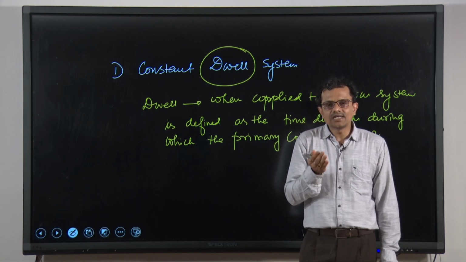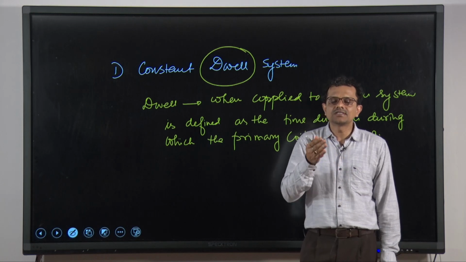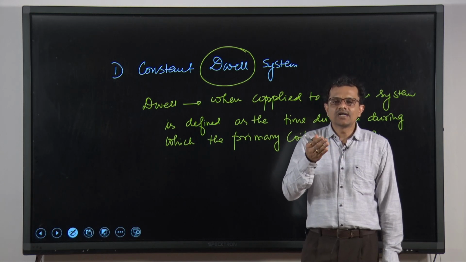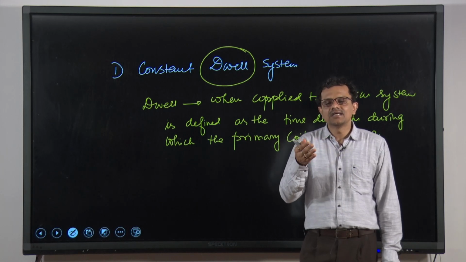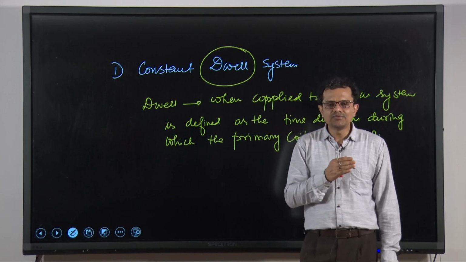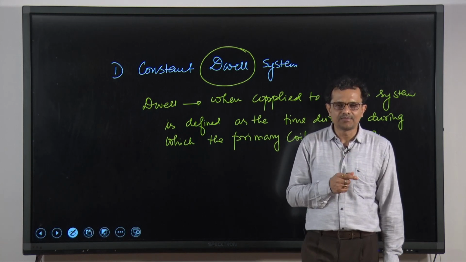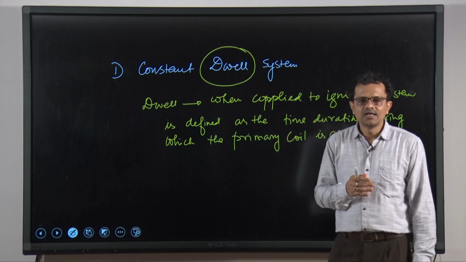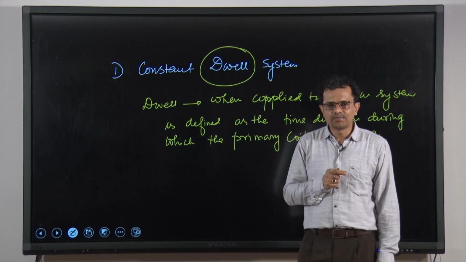But that is not the scenario in the battery ignition coil, because the breaker cam is connected to the shaft of the engine. So, if the engine speed changes, the closing and opening time will change, which in turn will change the building up time or charging time, and then it will disturb the spark energy supplied to the spark plug.